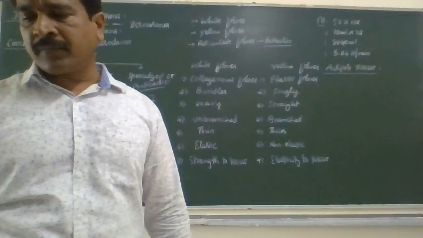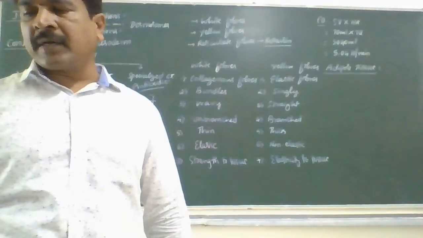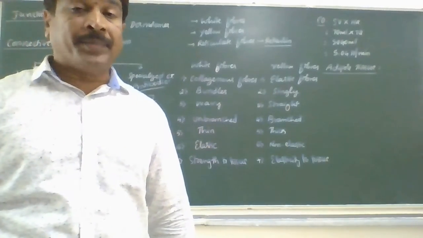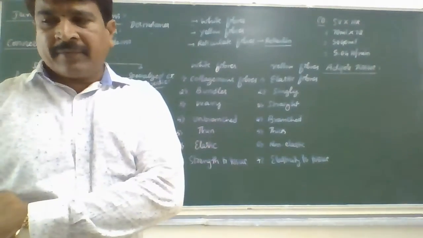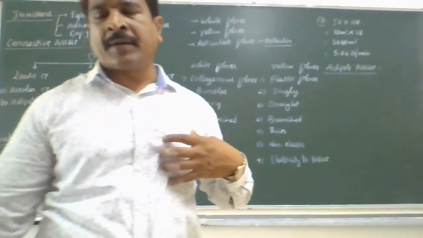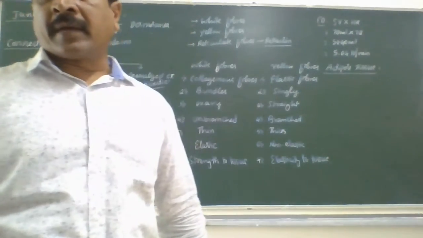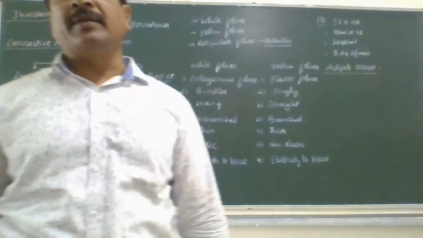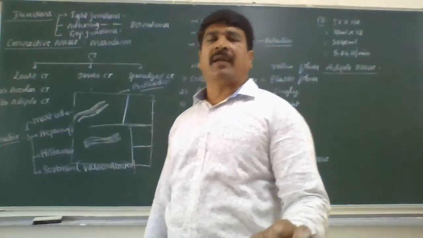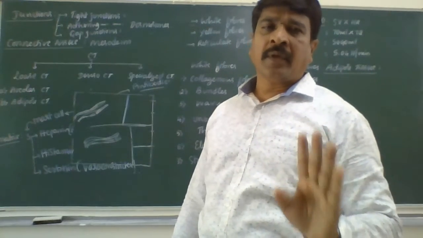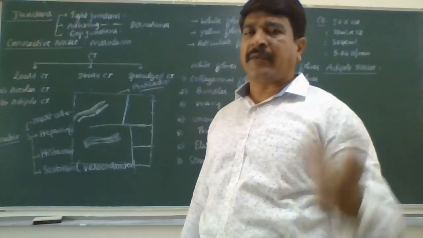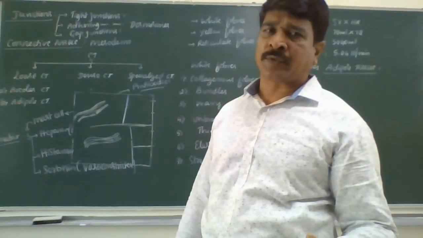It is also present around the kidneys, blood vessels, heart, eyes, intestine, and also in the bone marrow of the long bones. Even in the brain you can find adipose tissue.